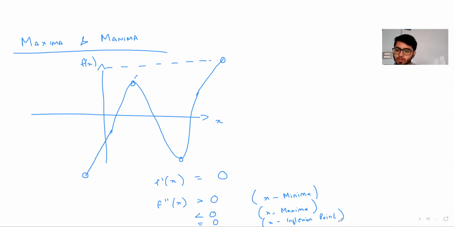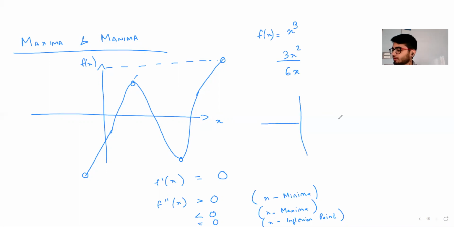What's an inflection point? It's the point at which the curvature of the graph changes. For example, let's say the function f x is equal to x cube. f dash x will be 3x square, f double dash x will be 6x. If I equate f dash x to 0, I'll get x as 0. f double dash x will also be 0 when x is equal to 0.